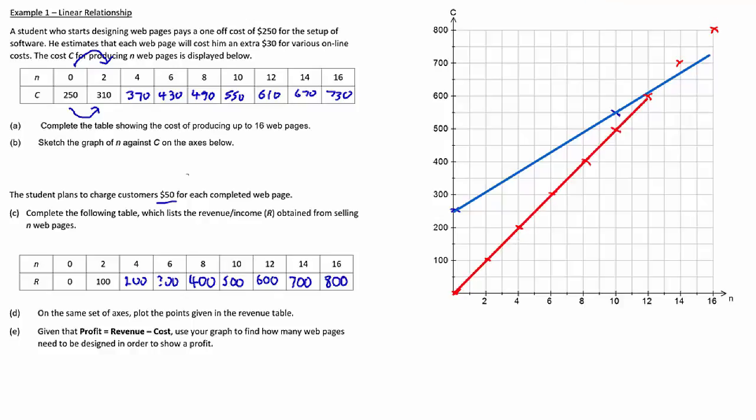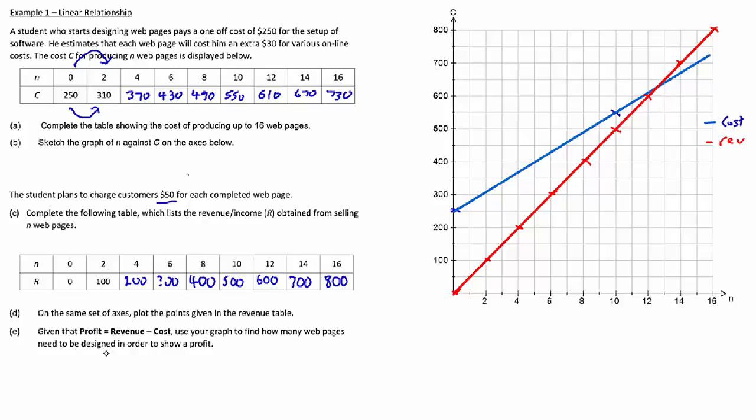So if we join those up, we get a straight line. So we can say that the blue line, that's the cost, and the red line is the revenue.